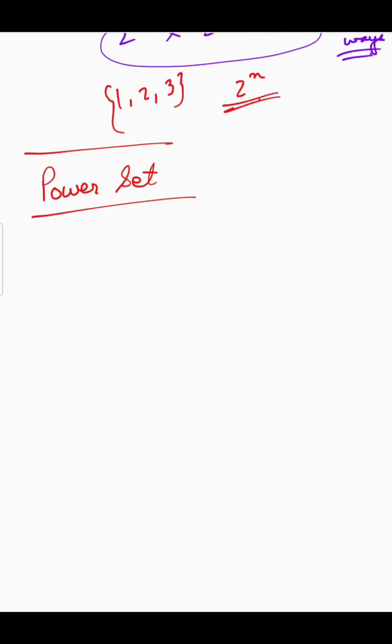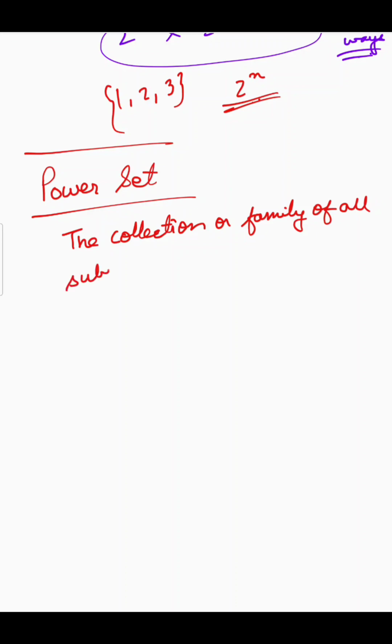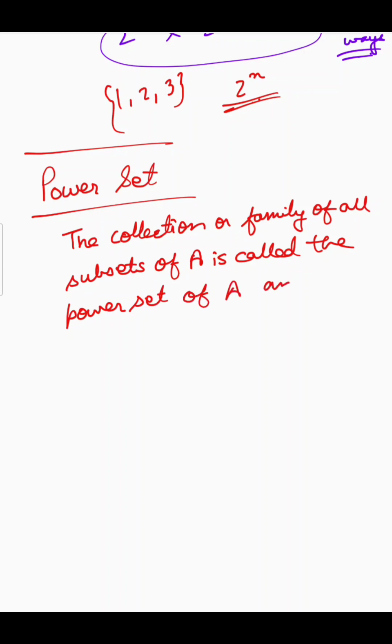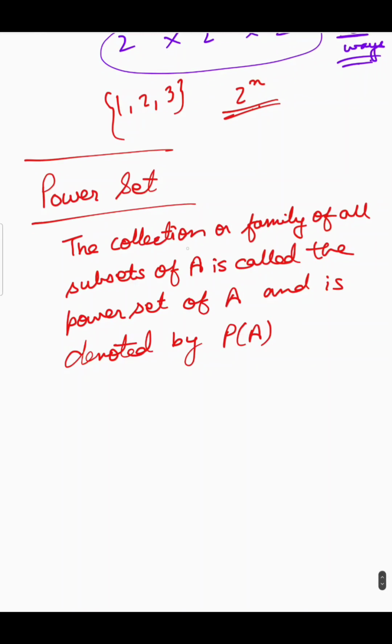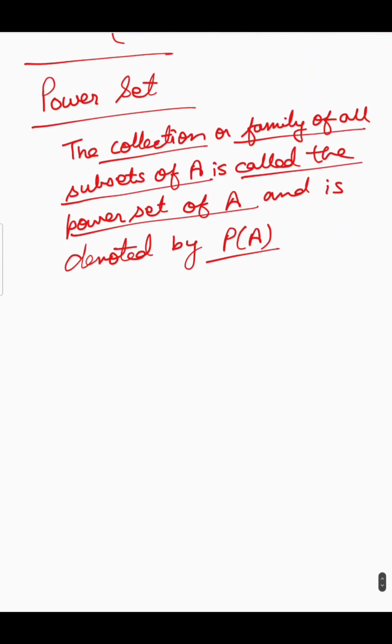The collection or family of all subsets of A is called the power set of A and is denoted by P of A. Okay, the collection or family of all subsets of A is called the power set of A and is denoted by P of A. Let's take an example.